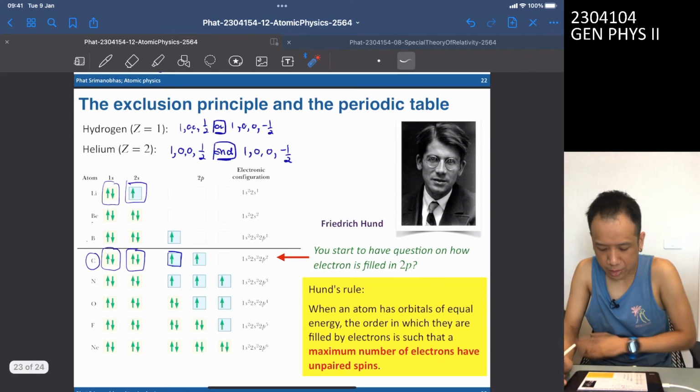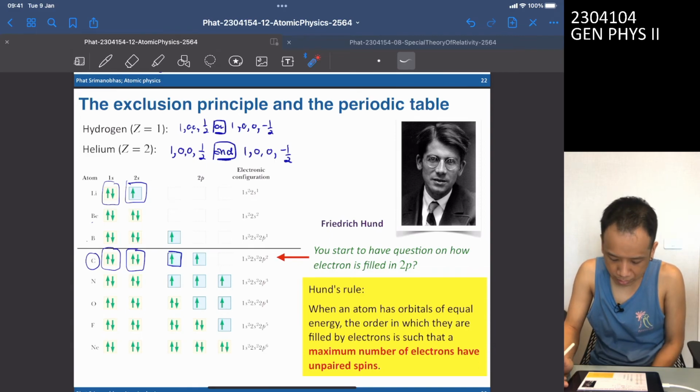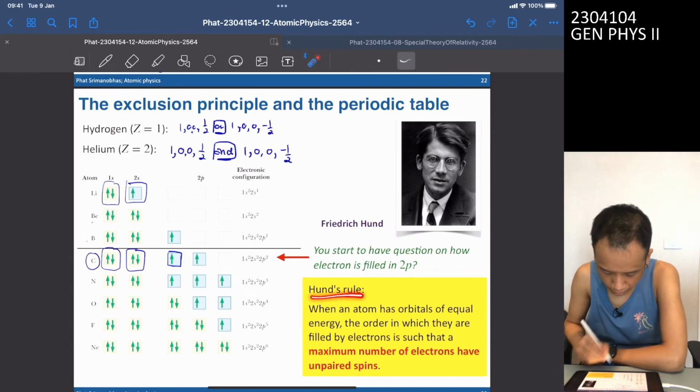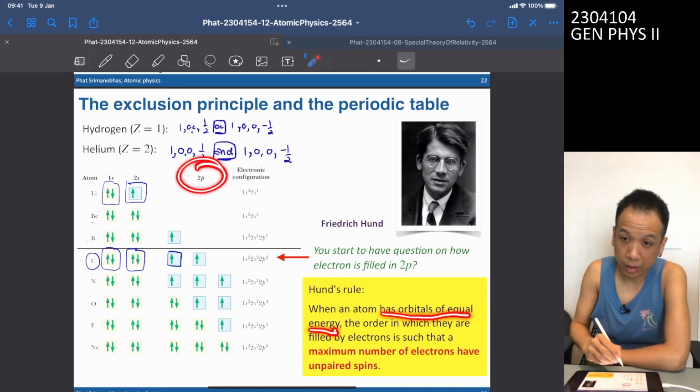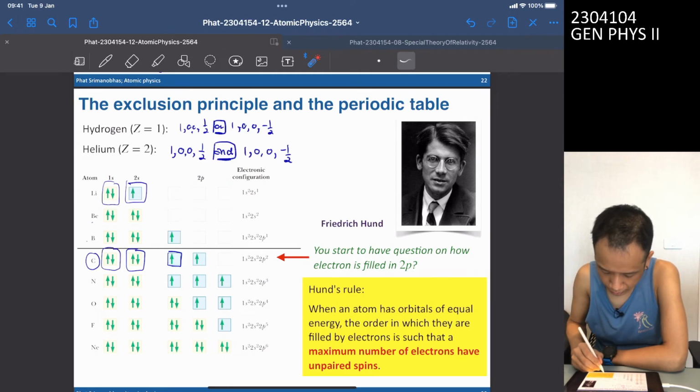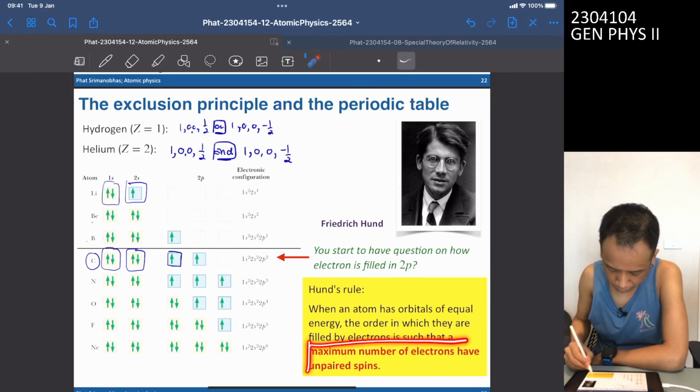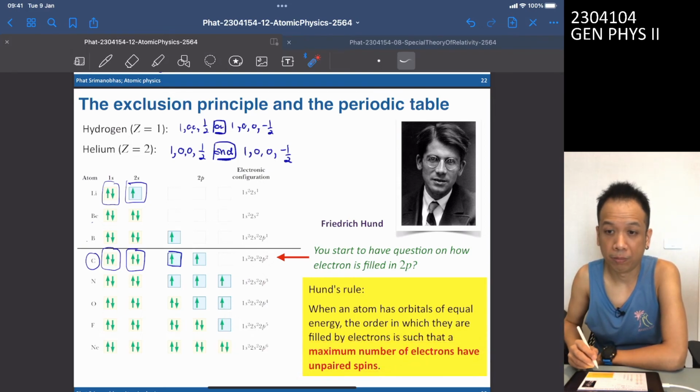So this is a question, and it's answered by Hund's rule. When an atom has orbitals of equal energies, like 2p, the order in which they are filled by electrons is such that there is a maximum number of electrons with unpaired spin.